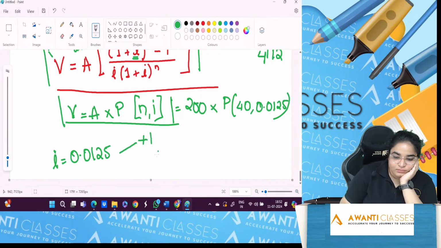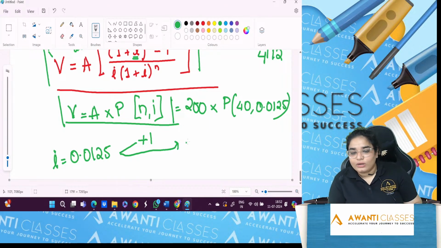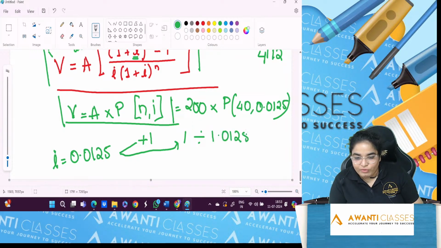Add 1. Okay, add 1 and then in your calculator press 1, then divided by, then put this one whatever you got here. So here we will get 1.0125, correct?